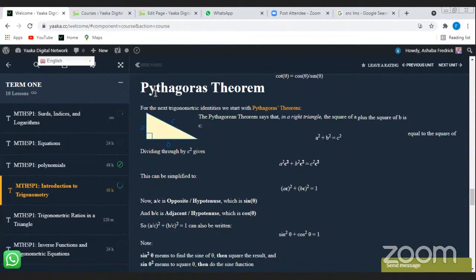Then majorly, maybe we are going to begin from the Pythagoras theorem.